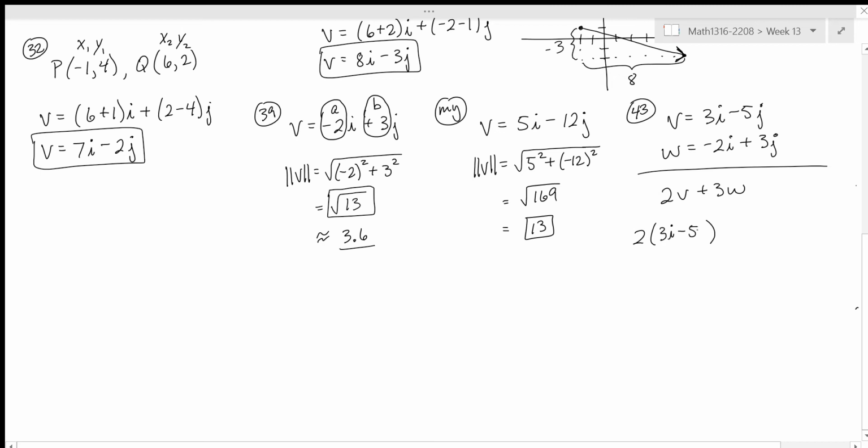Okay, so that means 2 times, what is v? 3i minus 5j, plus 3 times, what is w? And do you see, really all I did there was substitution. I substituted for v and w what they're equal to. And then what is the next step in the process?